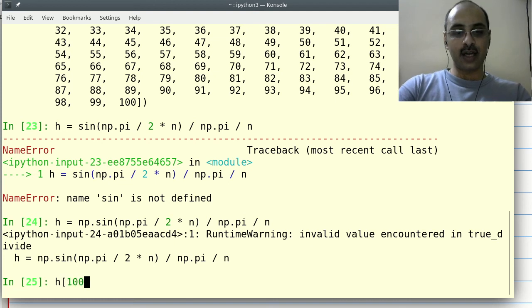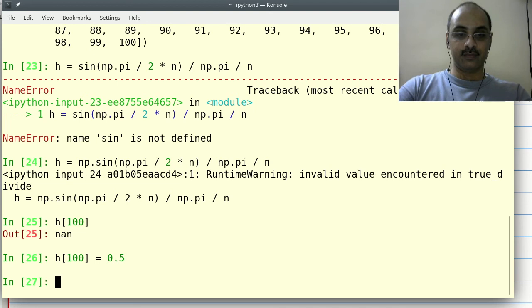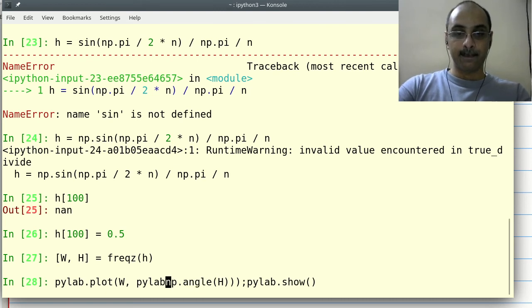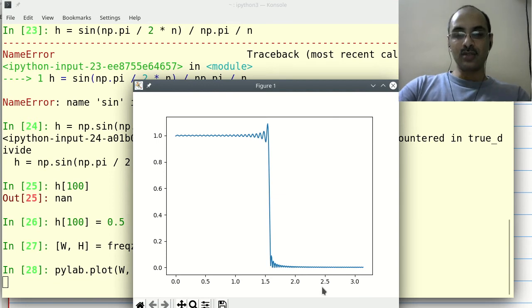If you look exactly at 100, it's going to have not a number. Remember, it should be omega_c by pi, so I'm going to make it 0.5. Now if I just do a sanity check and plot the absolute value, this looks like a truncated version of our low pass filter.